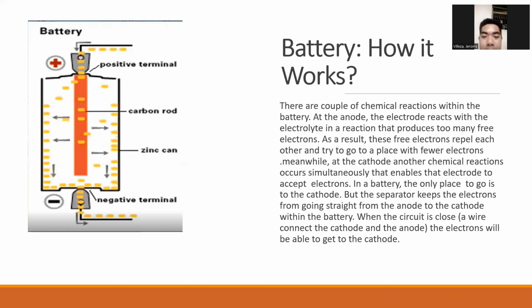Meanwhile, at the cathode, another chemical reaction occurs simultaneously that enables the electrons to be accepted. But the separator keeps the electrons from going straight from the anode to the cathode within the battery. When the circuit is closed, or a wire is connected to the cathode and the anode, the electrons will be able to get to the cathode. Next.